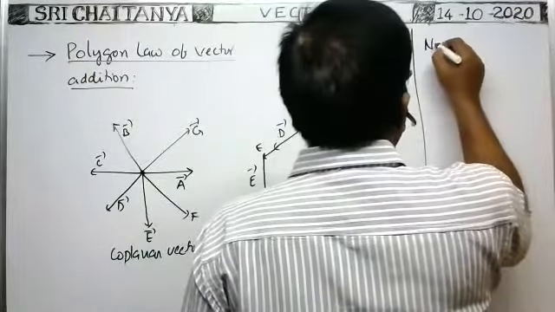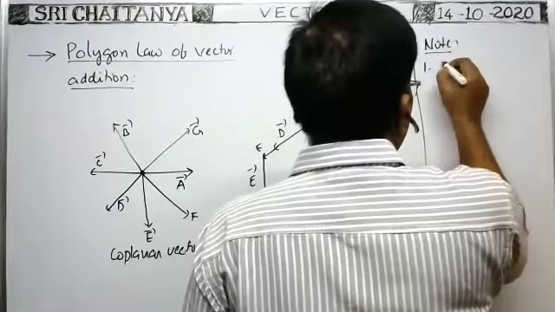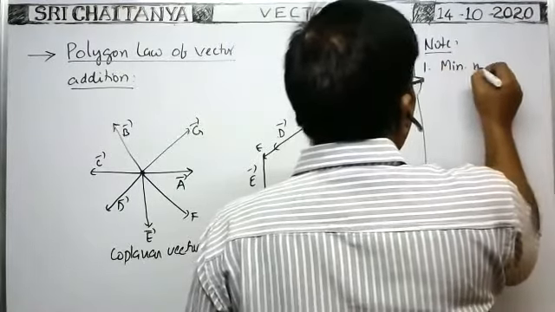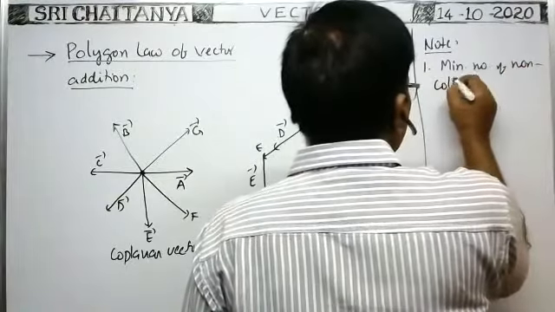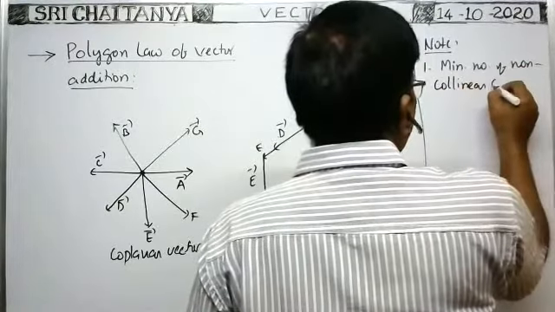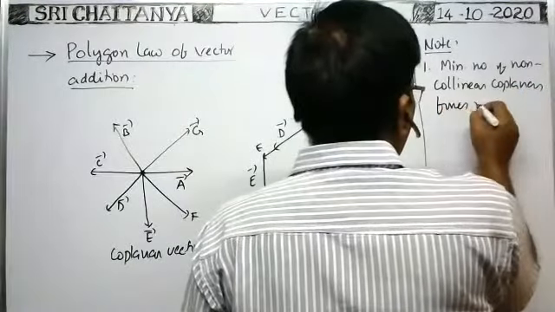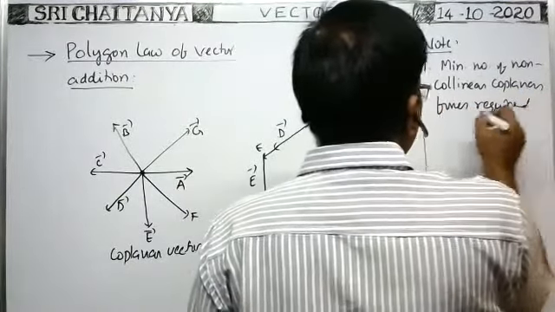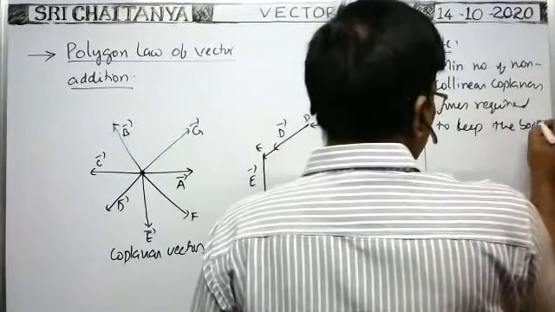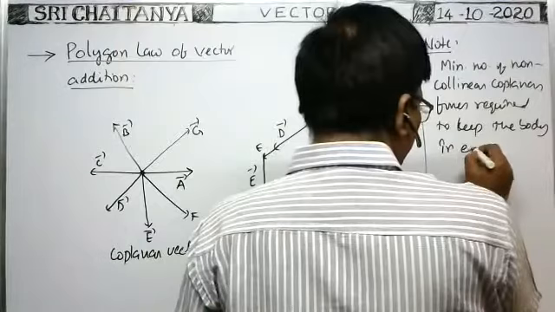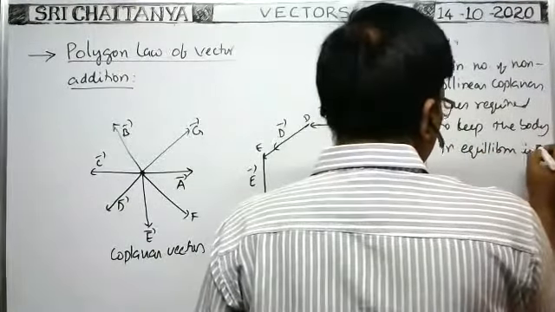So note: 1. The minimum number of non-collinear coplanar forces required to keep the body in equilibrium is 3.